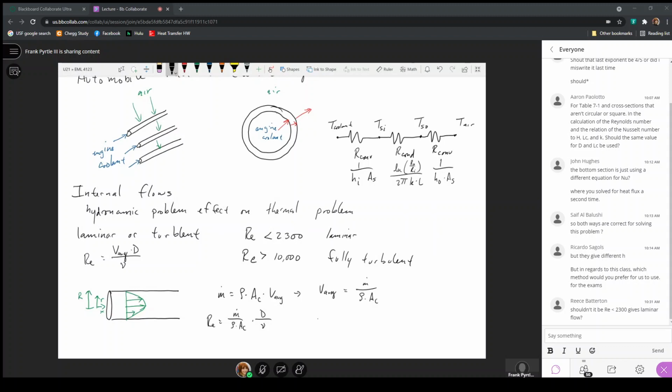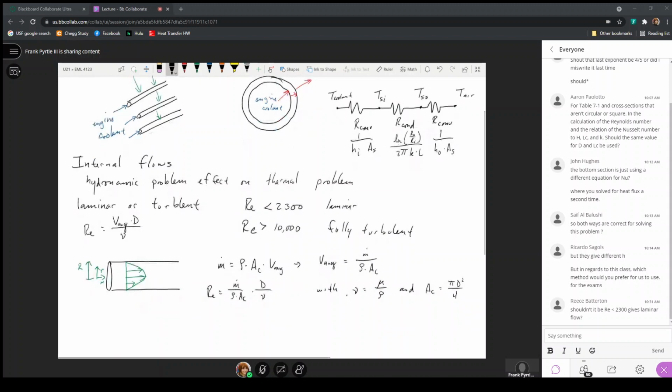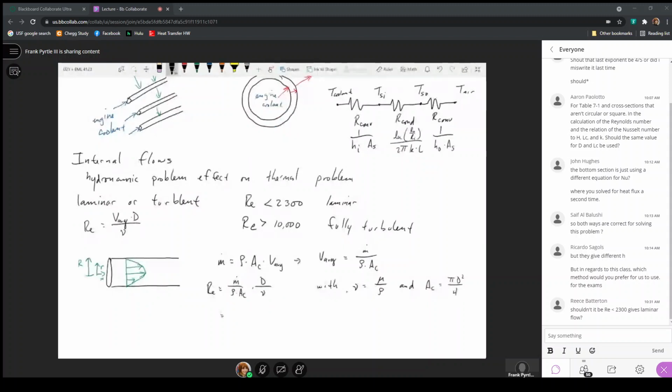So here, the kinematic viscosity is dynamic viscosity divided by the density, and the cross-sectional area, if it's a circular pipe, will be pi d squared divided by 4. So if I make those substitutions into this expression, here I get the mass flow rate over the density.